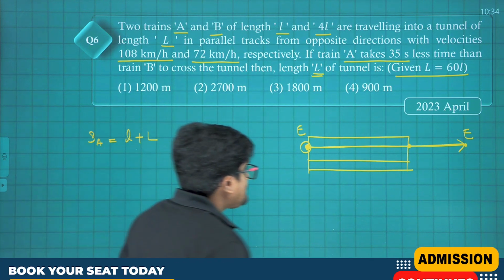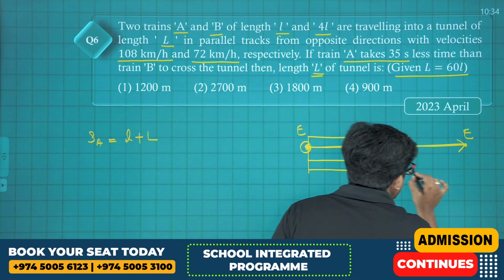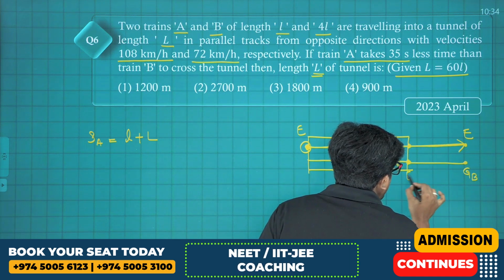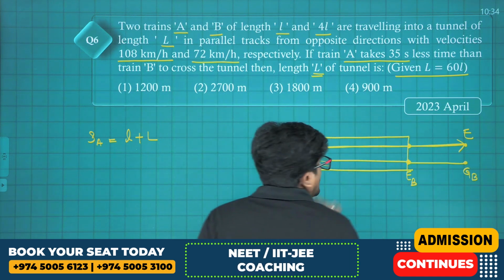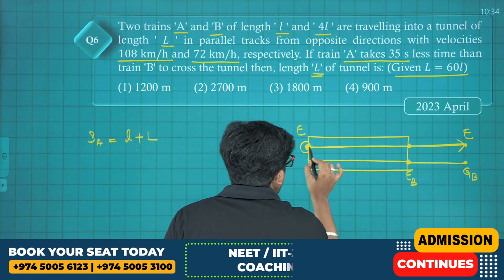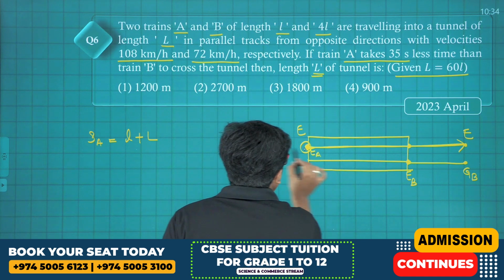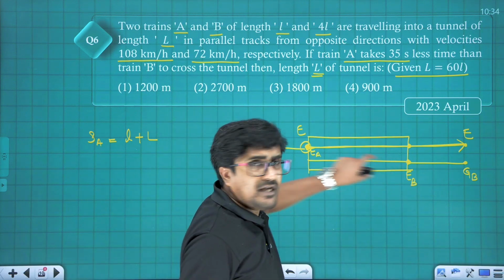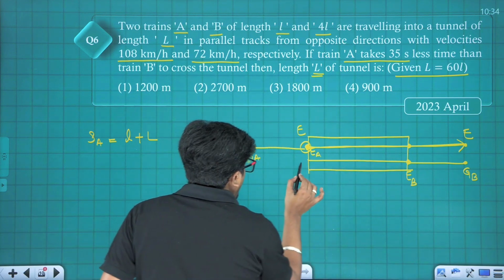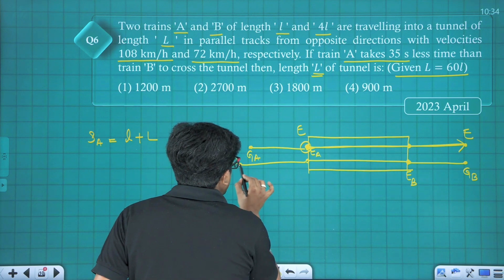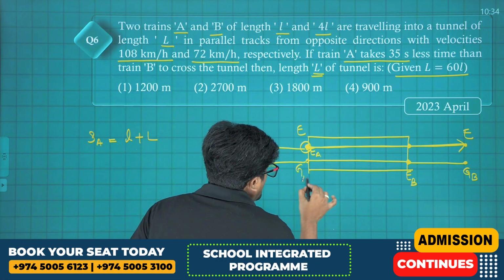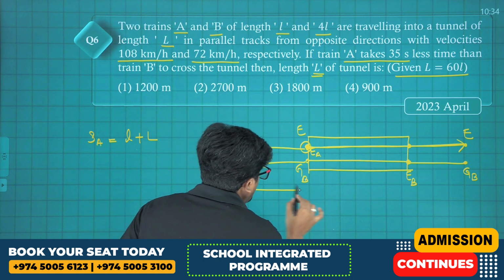In the same way, train B is coming from here and here this is the guard room of train B and here this is the engine of train B. Alright, here this was the engine of train A and here this was the guard room of train A. So that train enters here and once it leaves, this is the situation. Here this is the engine of train B and here this is the guard room of train B. And what is the length of this train?